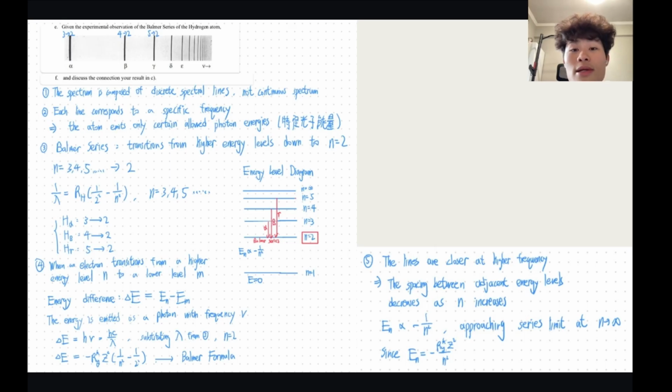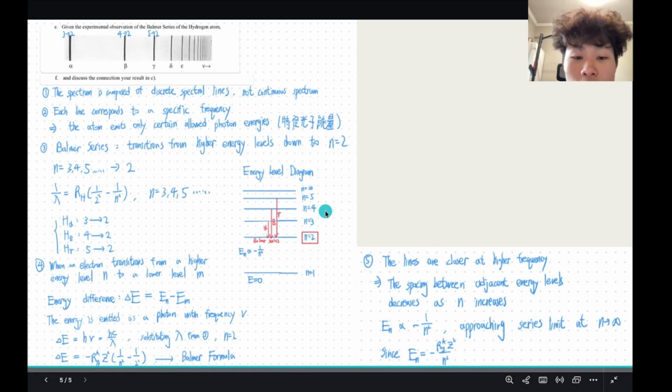And c here is the speed of light, which is 3 times 10 to the power 8. And we substitute lambda from equation 3. We can get that delta E, the energy difference, is equal to minus Ry star times Z squared times 1 over n squared minus 1 over 2 squared. And this is the Balmer formula we just derived.